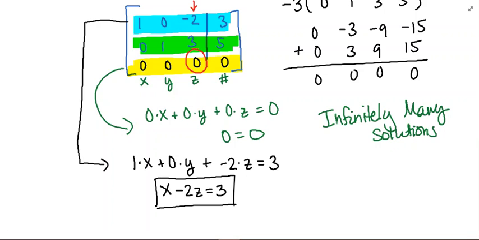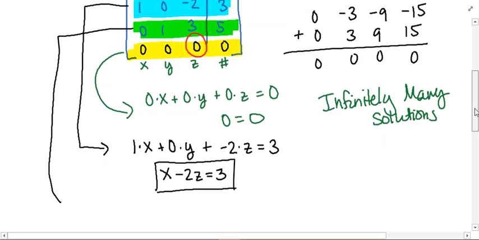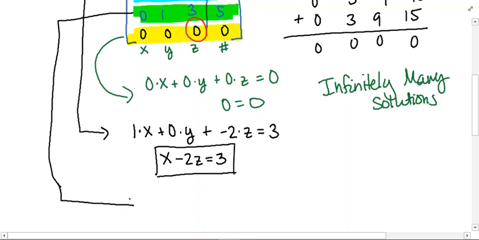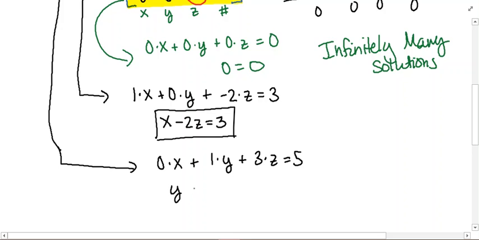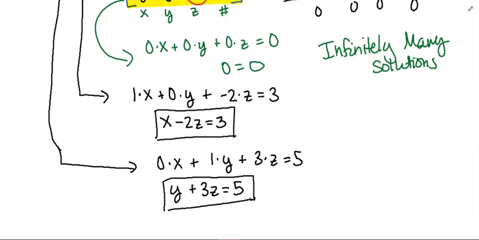So down here, I will translate this row. Okay, so this guy is telling us that 0 times x plus 1 times y plus 3 times z is equal to 5. Okay, clean that up. Okay, and we're going to get that y plus 3z is equal to 5. Okay, so all I've done, I took the matrix that I left off with and I translated the 2 non-zero rows back into equations. Okay, now it's time to parameterize.